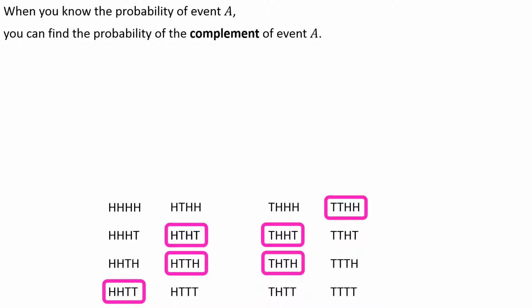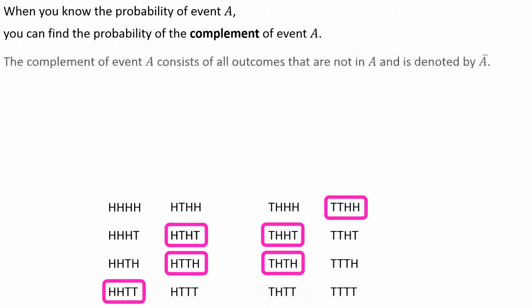Now, the complement of the event would be it not happening. And so if our desired event is A, the complement would be A bar.